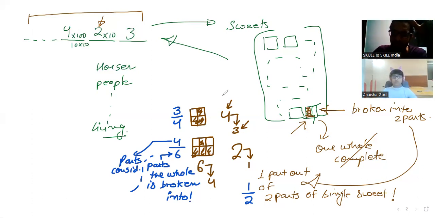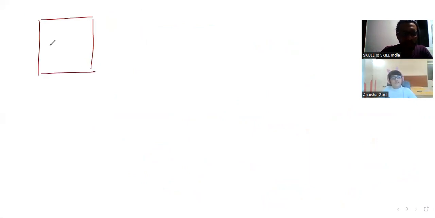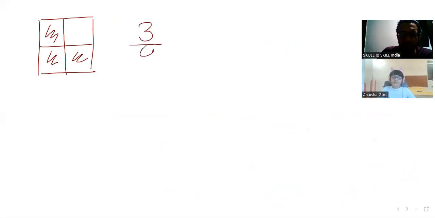So now let's continue with this sweet example. And okay, so you have this sweet, and you have broken it into 4 parts, और तुमने इसमें से 3 parts ले लिए, and now you are saying it is 3 parts out of 4 parts.